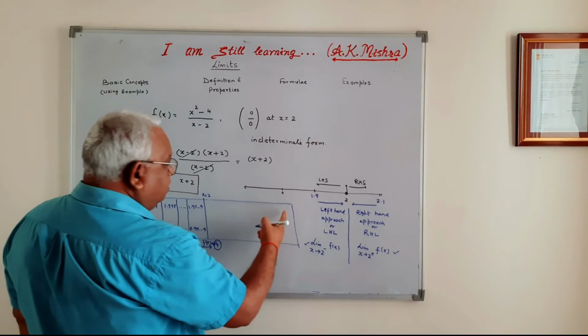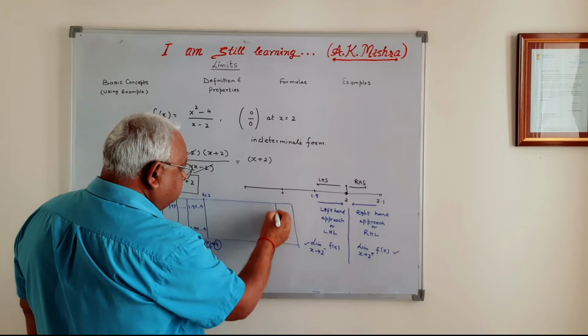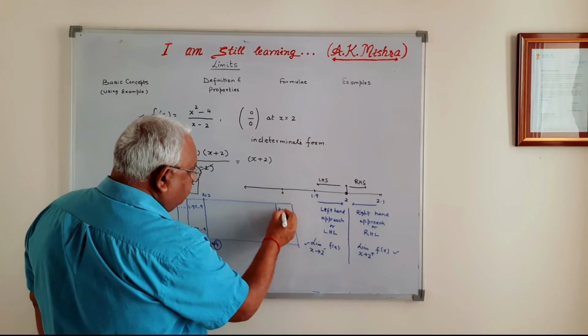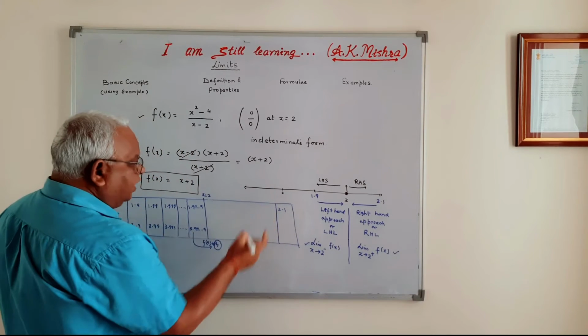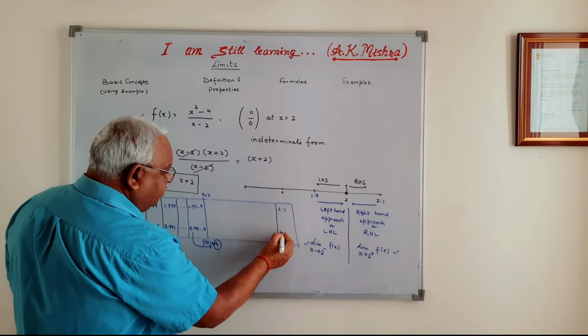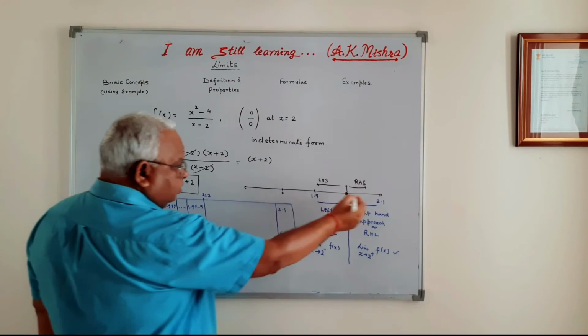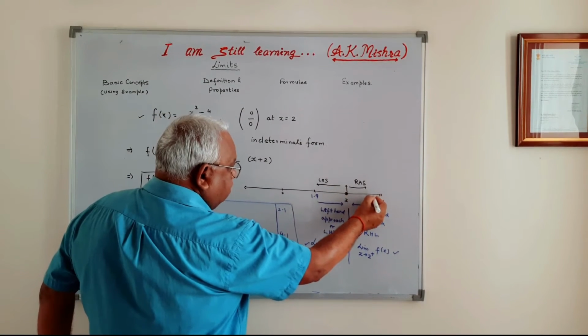Similarly, we start from the other side, 2.1. When you take 2.1, your f(x) is going to be 4.1.